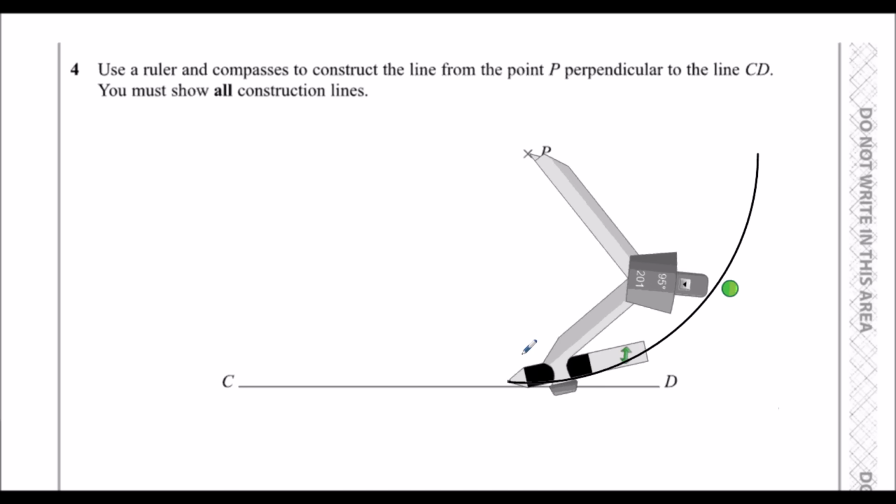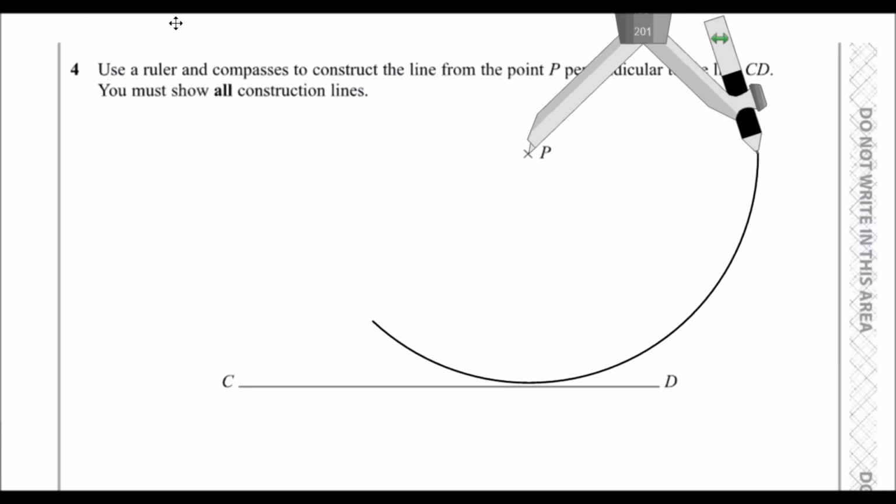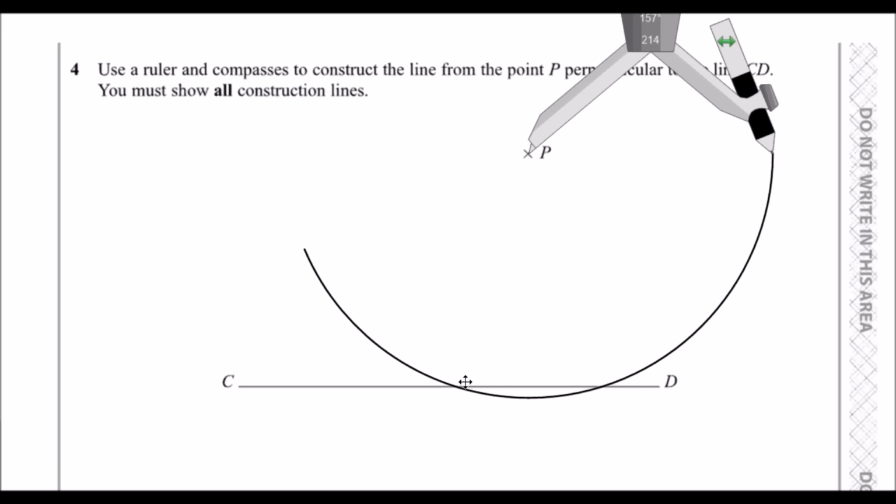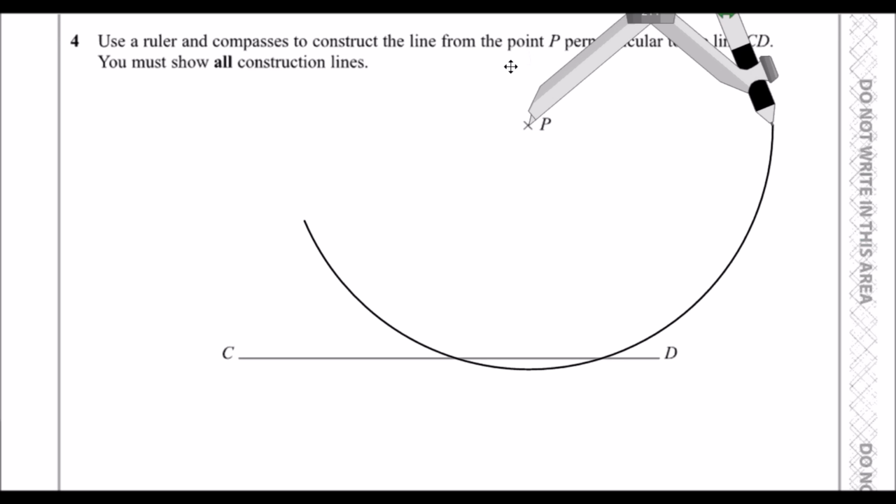So there'll be 2 points that are an equal distance from P.